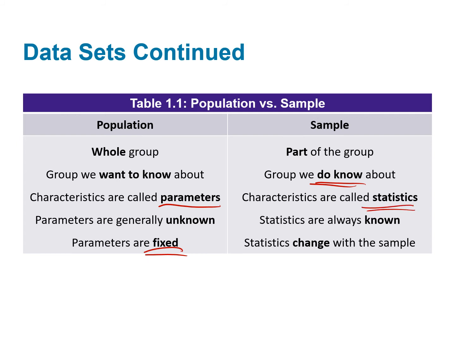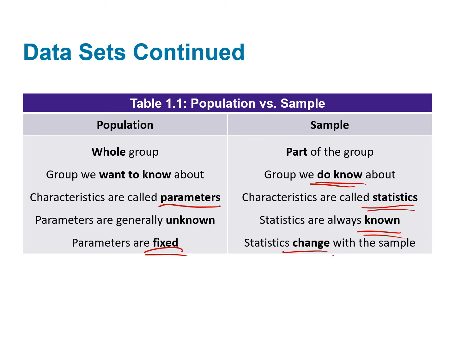So be careful, we're using statistics in two different ways here. We talk about statistics as the overarching science, or the overarching process of how we collect data, analyze data, and interpret data to make a decision. But we also use it to describe characteristics of our sample. We know these statistics because we know the information about the sample.